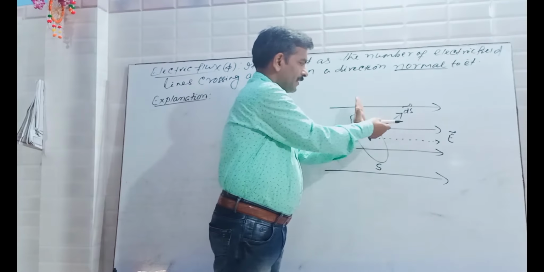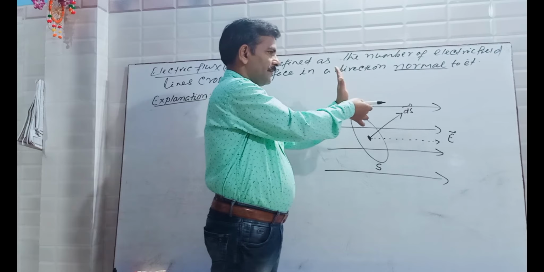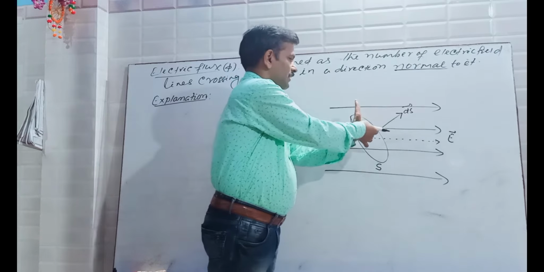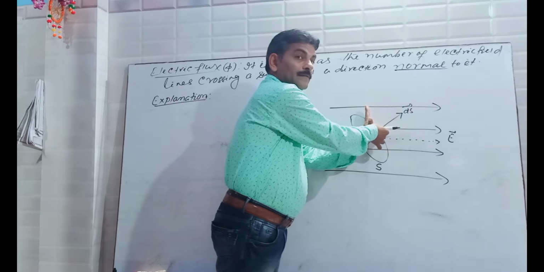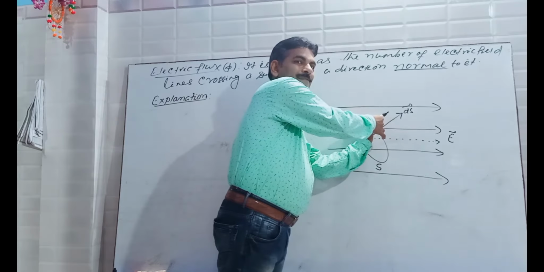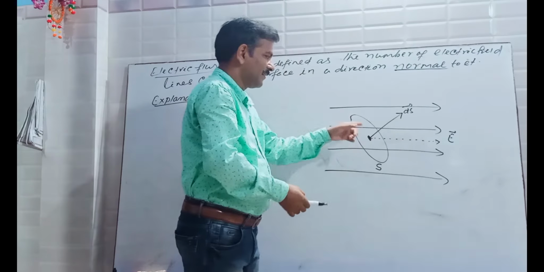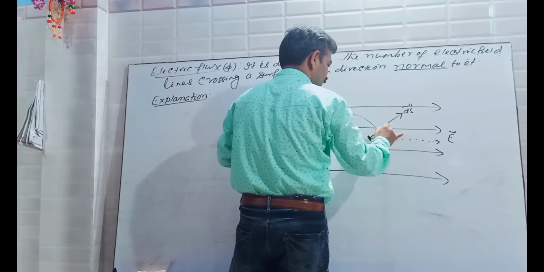But this is the palm, and the area vector is perpendicular to it. If my palm is like this, then the area vector will be along the electric field. If I tilt it, it will make some angle theta with the electric field. Do you follow me or not? This is theta.